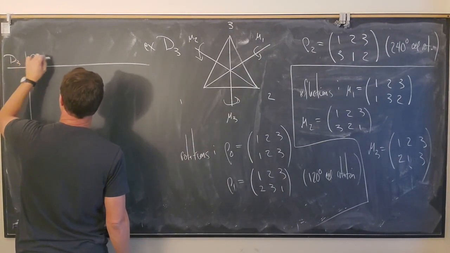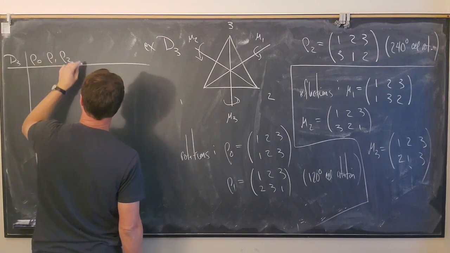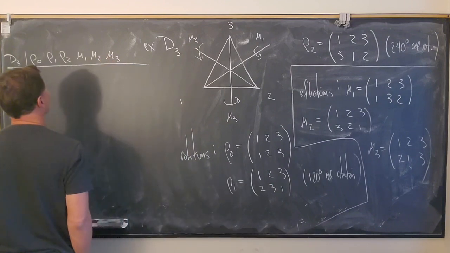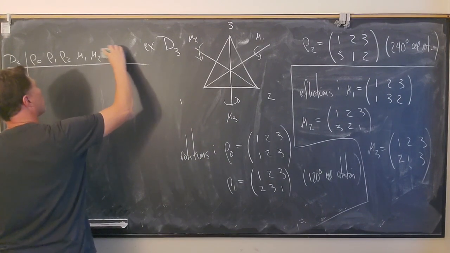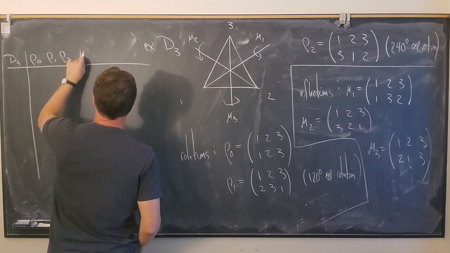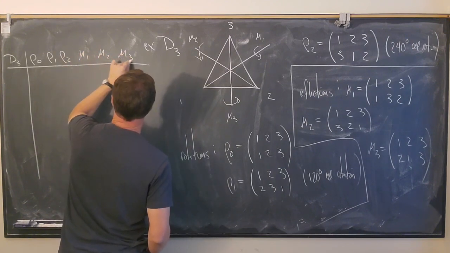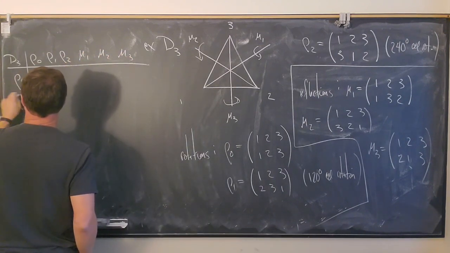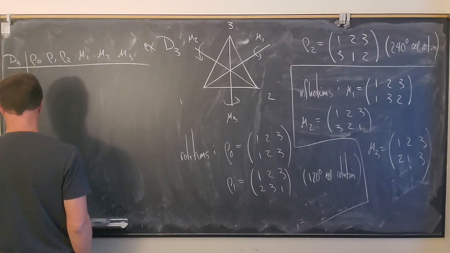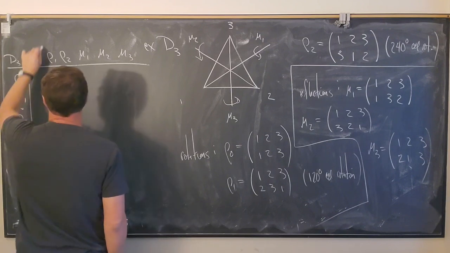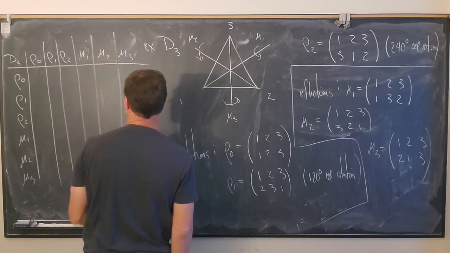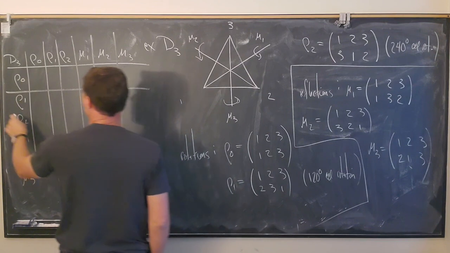So we're going to have rho 0, rho 1, rho 2, mu1, mu2, mu3, across the top and down the side.